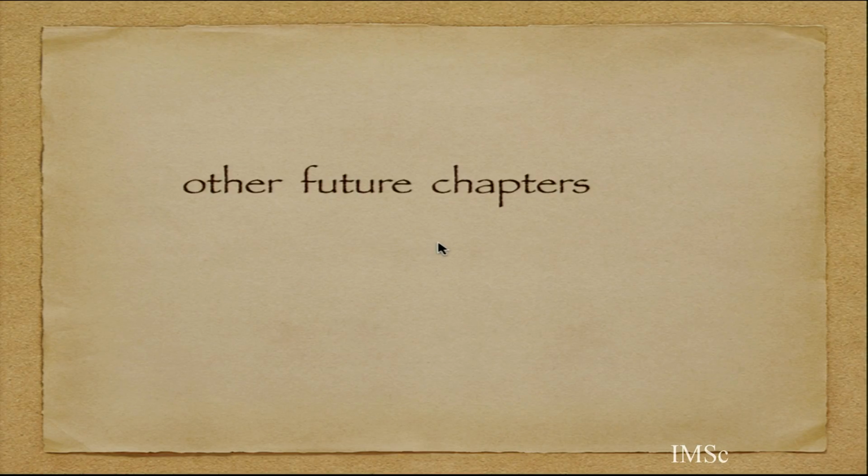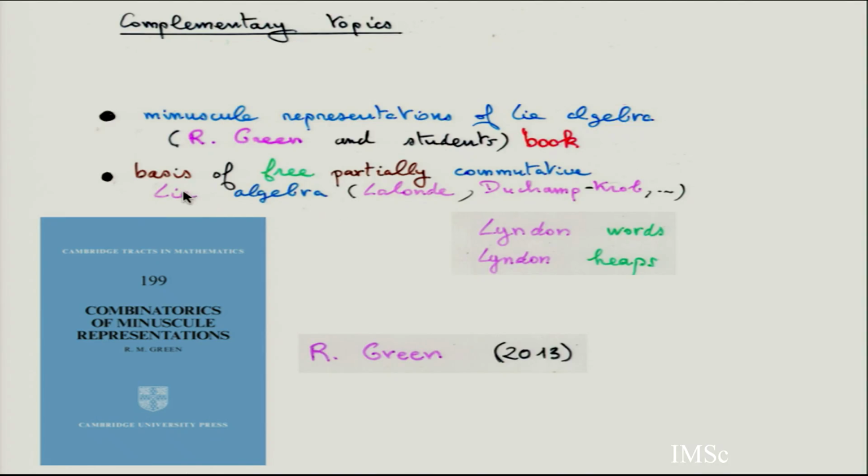So, some possible future complementary chapters. We have already seen the book of Richard Green, Minuscule Representations of Lie algebras. There is some representation of some Lie algebra with some operator acting on some heaps, having some property, full heaps or something like this. And the heaps are on the Dynkin diagram related to the Lie algebra.